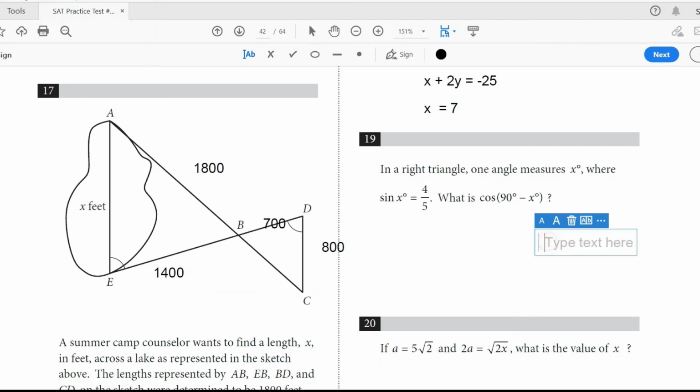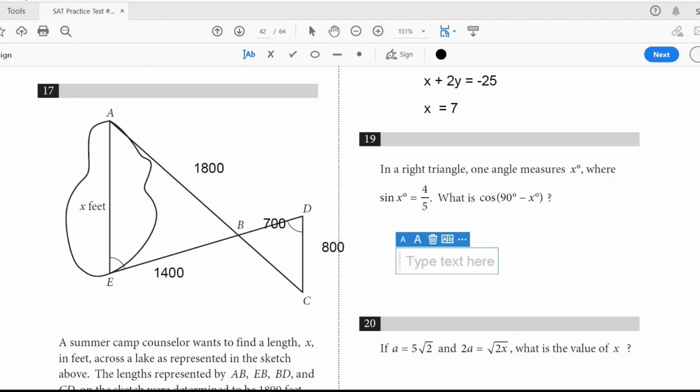If sine of x equals 4 over 5, that means this one would be 4, this one would be 5. This would be the angle x, all right? So the triangle would look something like that. And since this is a 3, 4, 5 triangle, I'll just add that there. And our goal, which is this would be 90 degrees, is to find out what this equals.